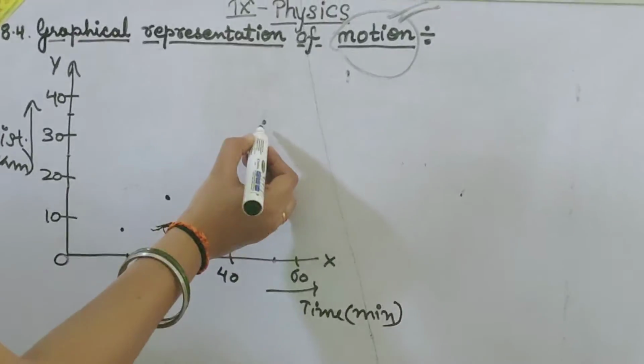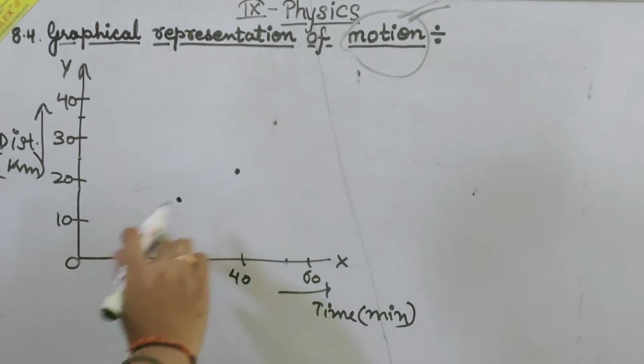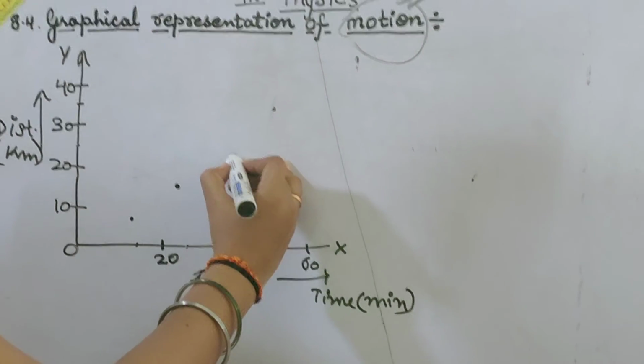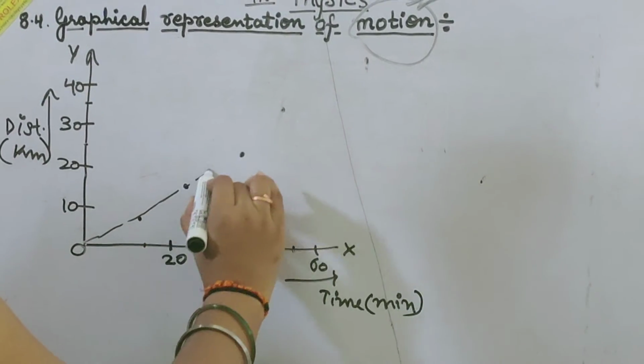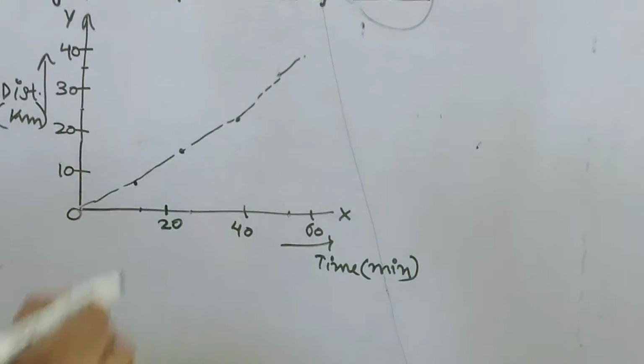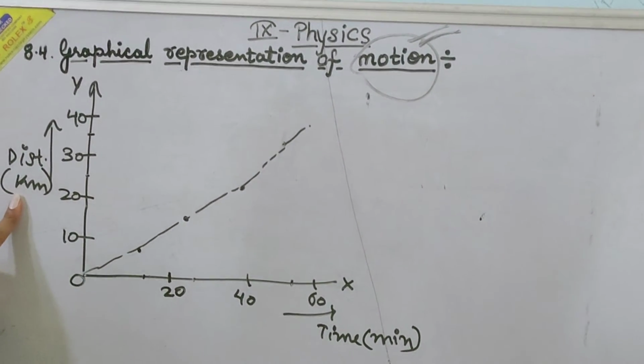If we draw a line, wait a minute, this line should be a straight line. So this is a straight line graph of time versus distance.